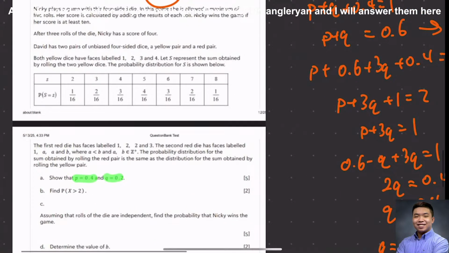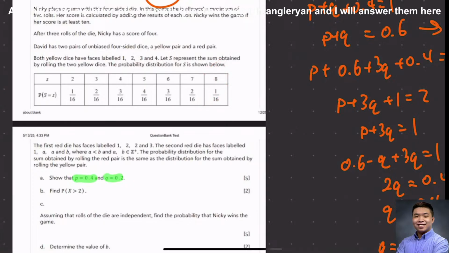So imagine you have 2 dice with 1, 2, 3, and 4 on their faces. If you add up 2 4s, it will become 8, and there's only one possible combination to get 8.